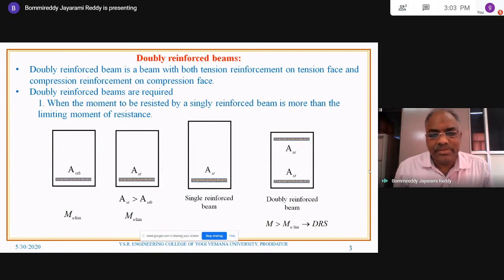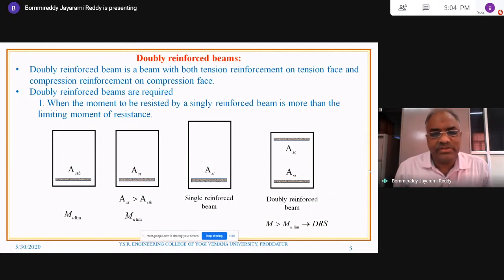But once the steel reaches its balanced value, the entire concrete in the section is utilized. So increasing steel reinforcement further will not increase moment carrying capacity, because T may be more, but the compressive resistance is not going to increase.